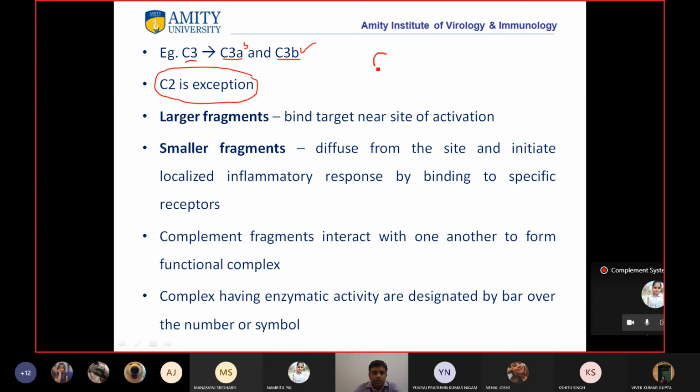So let me make C2. This will be broken down into C2A and C2B. So students, in this case, which is the bigger fragment?